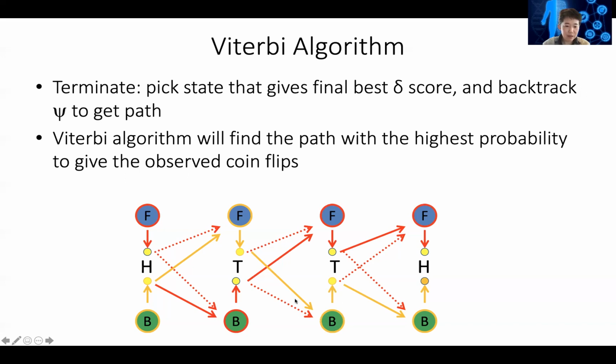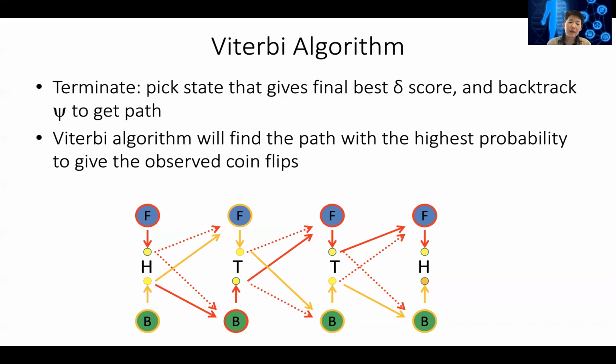And then the pointer tells us that the previous coin is fair, and then the previous coin is biased. And so we will have the path as well. And so at the end, you output your prediction, which is biased, fair, biased, biased. And this gives you another solution to the second problem, which is the path.